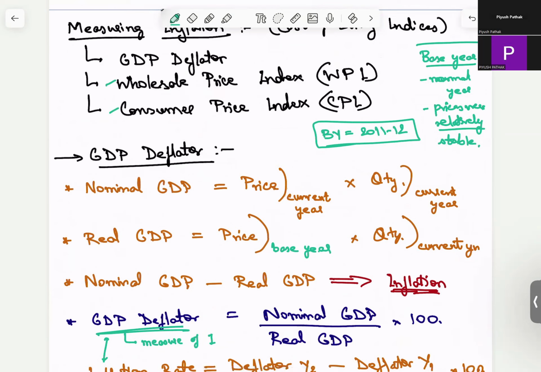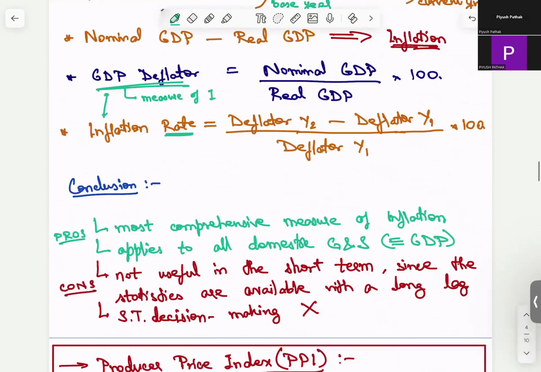It is a measure of the difference between nominal and real GDP. Now recall, GDP is the sum total of all the goods and services in the economy. Which means that it is taking up the change in price effects of all the goods and services. So it is the most comprehensive measure of inflation which we have.